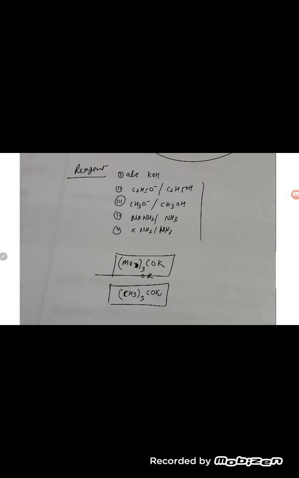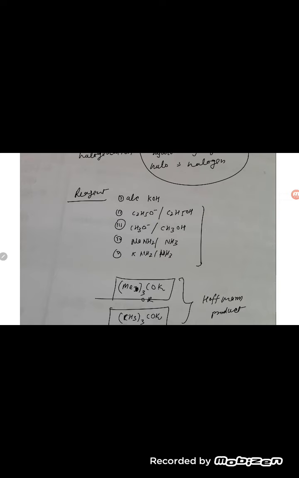This is going to give the Hofmann product, while in the other cases you are going to get the Saytzeff product, which is also known as the Zaitsev product. Saytzeff and Zaitsev are both the same, students.